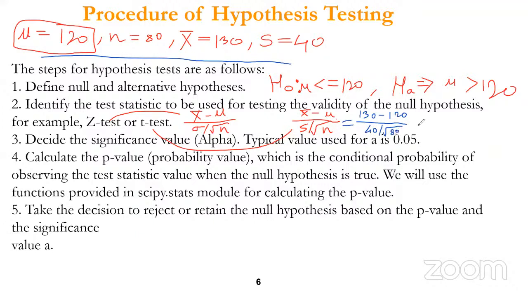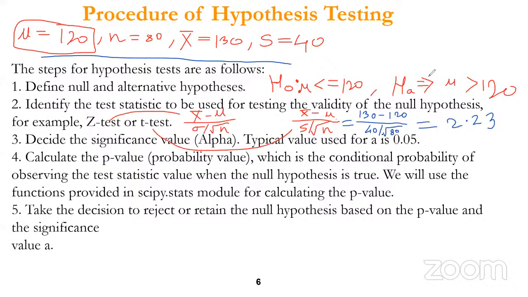Right, divided by square root of 80. Once I calculated, this value is equals to 2.23. Okay, this value is equals to 2.23. So according to the given data, you need to decide whether to consider z-test or t-test, right? Here we have considered t-test over here.